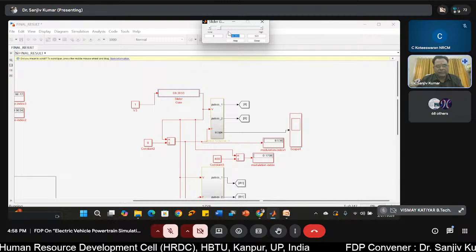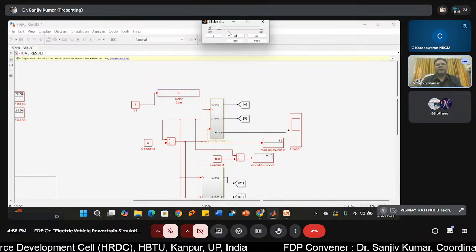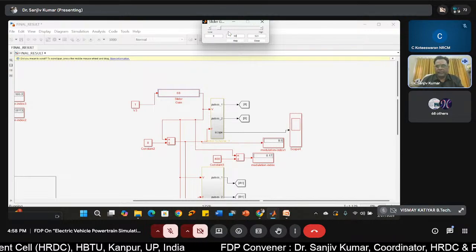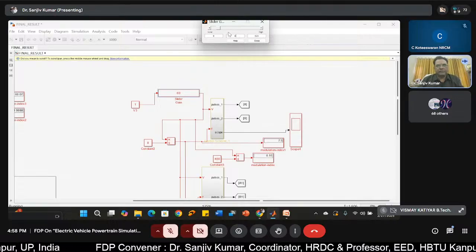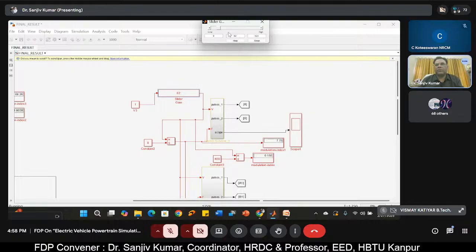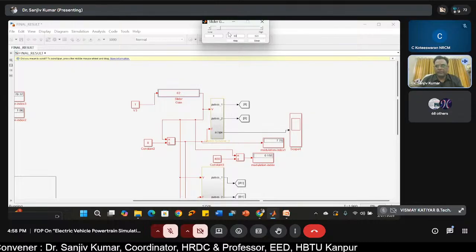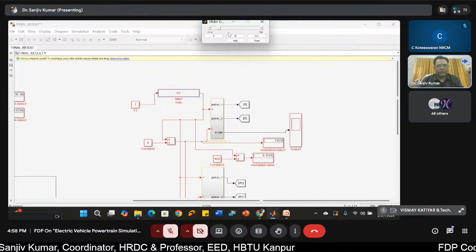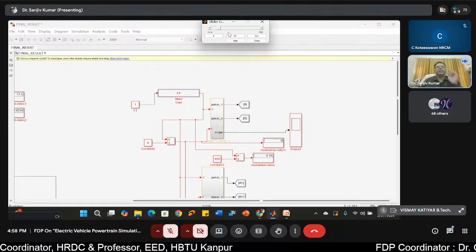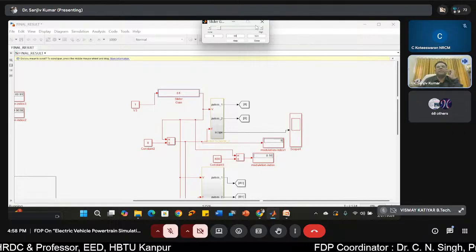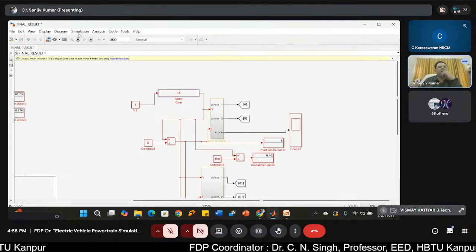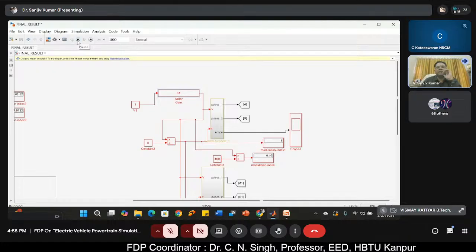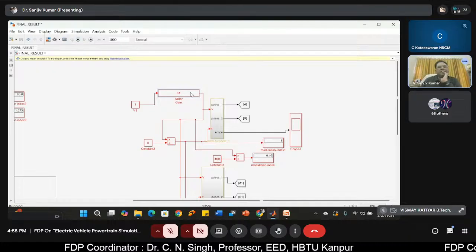Let us take 68, 60, let us say 62, 63. No, 64. Okay. For voltage level, when I give 64, the modulation is coming at 0.8.